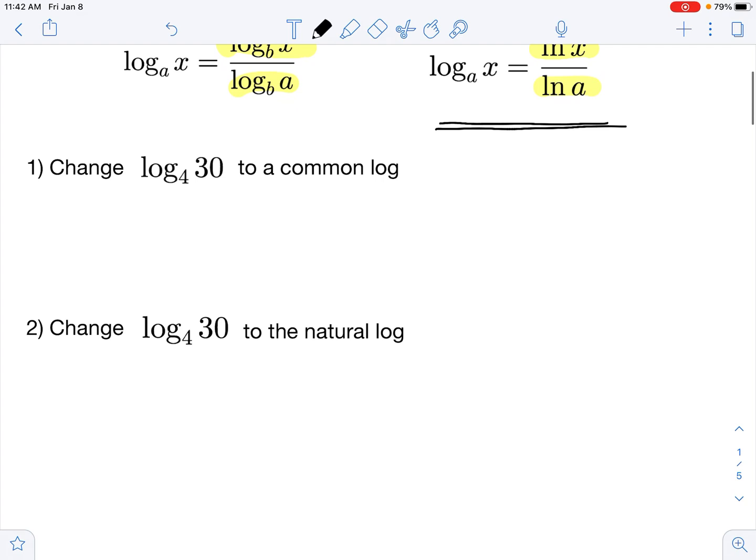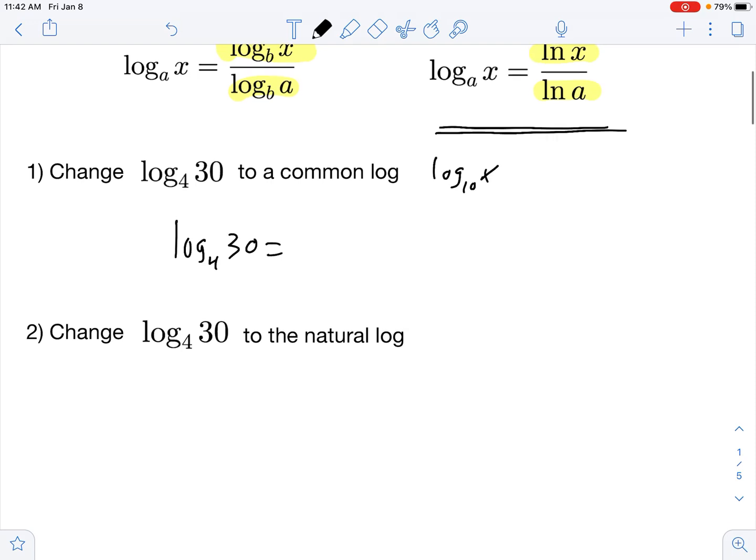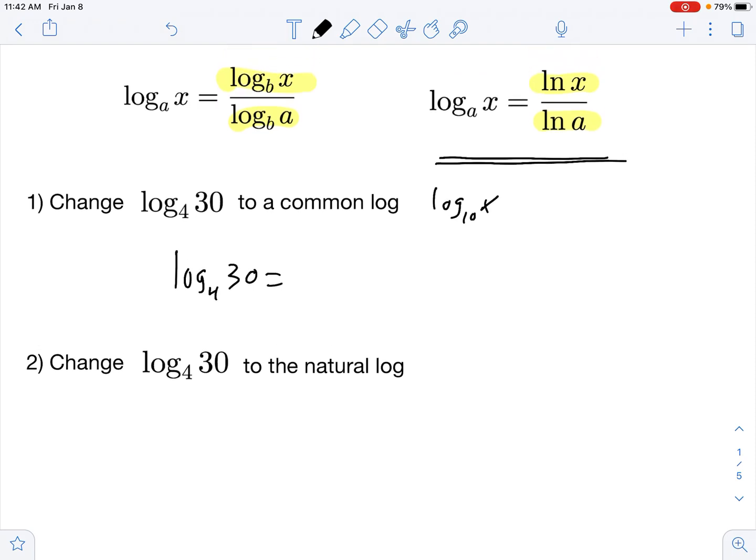So let's look at problem number 1. So we have log base 4 of 30, and we want to change that to a common log. Now remember, common log is log base 10. So using the formula, if you want to change to log base 10, we would say that this is log base 10 of x.